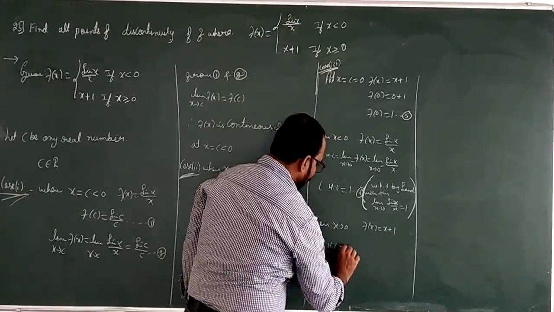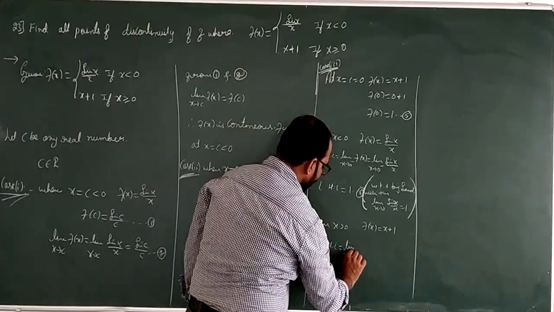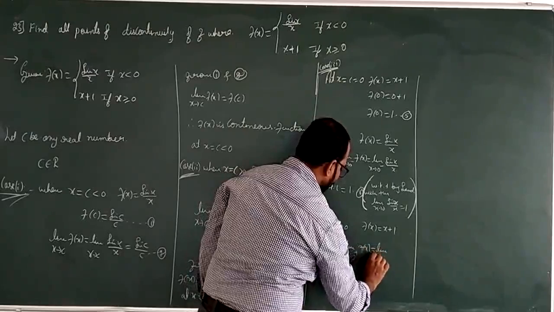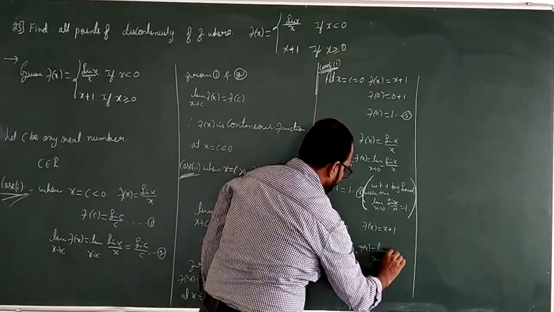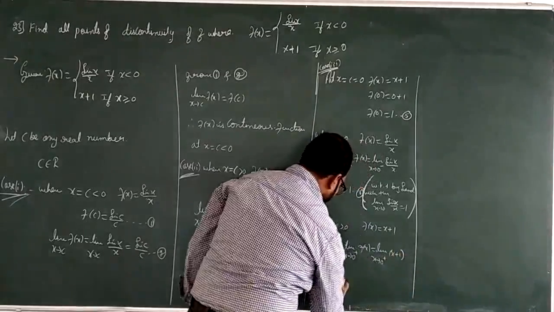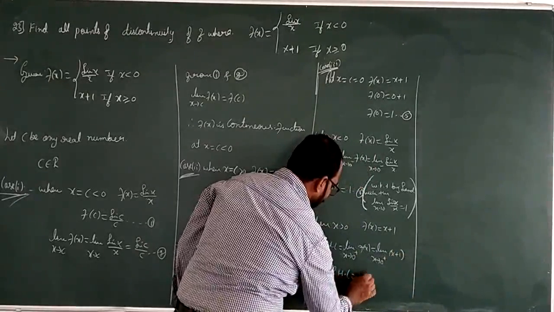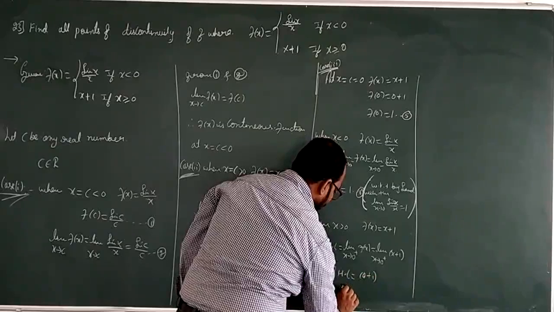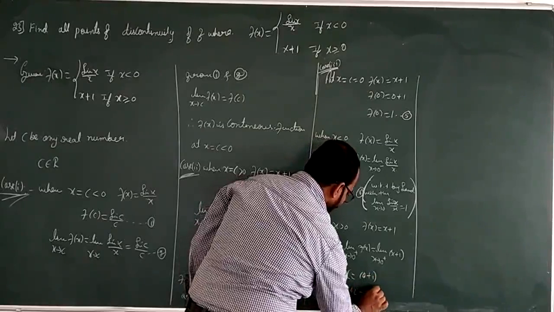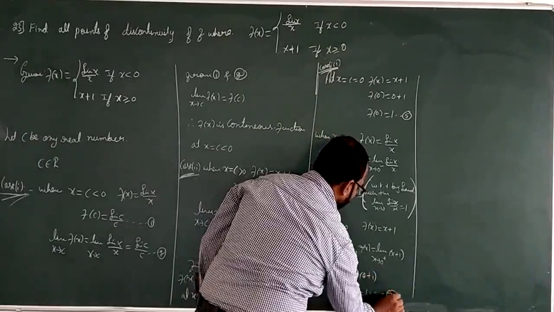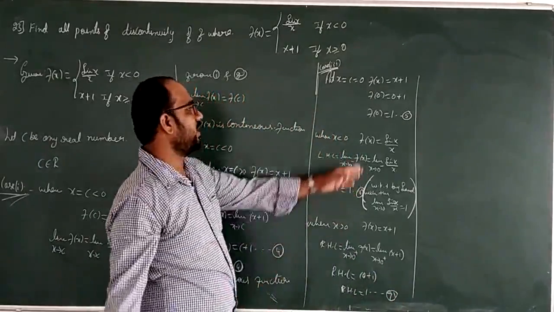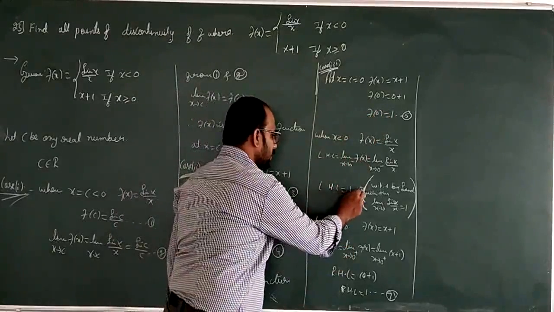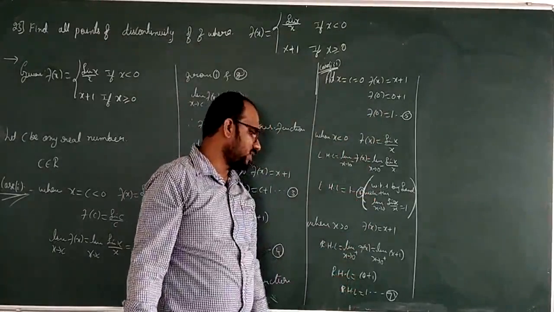RHL is right hand limit, limit x tends to 0 plus f of x is equal to limit x tends to 0 plus x plus 1, that is RHL is equal to, substituting 0, 0 plus 1, that is RHL is equal to 1. This is called equation 7. Now compare: equation 5 is also 1, equation 6 is also 1, equation 7 is also 1.